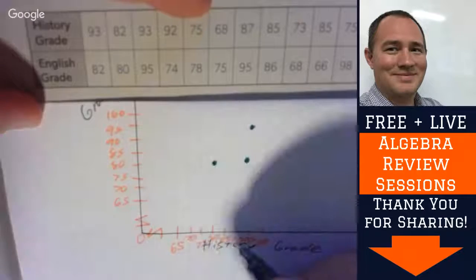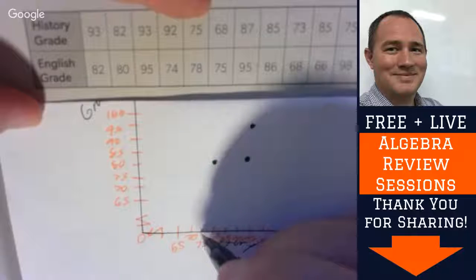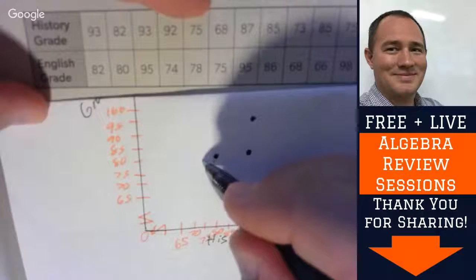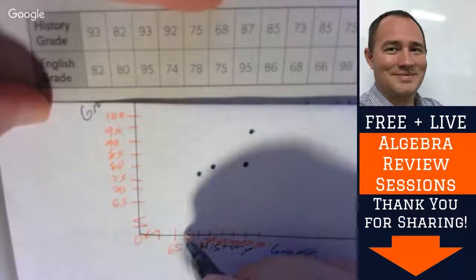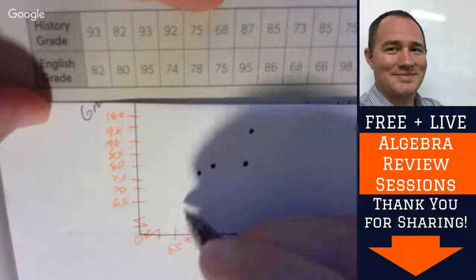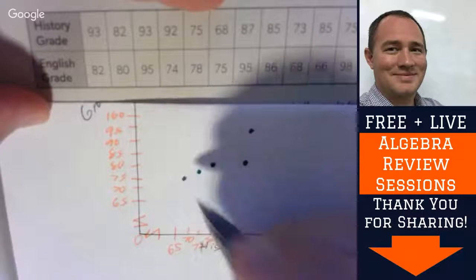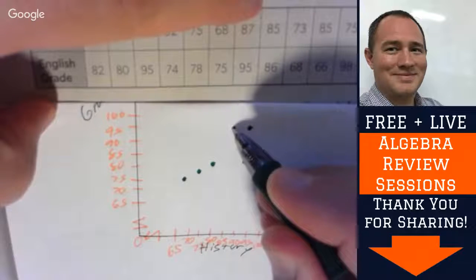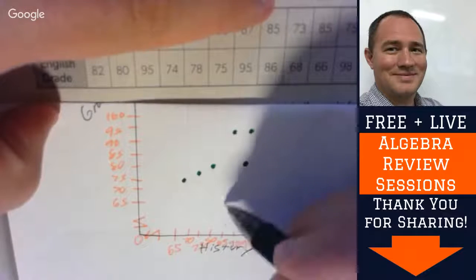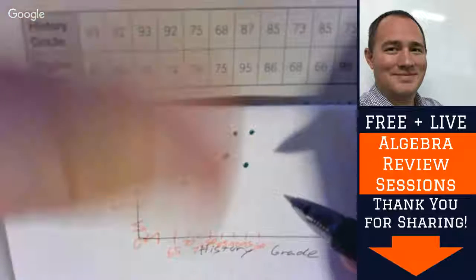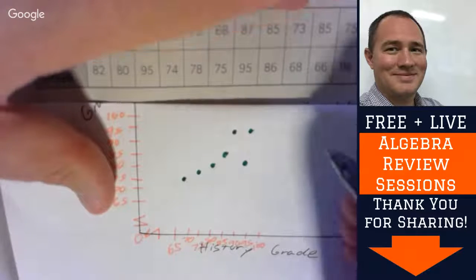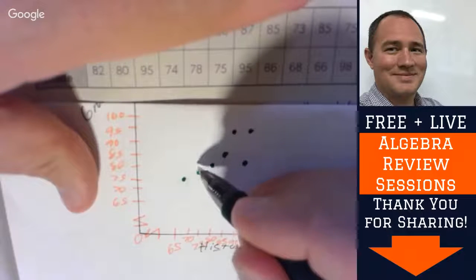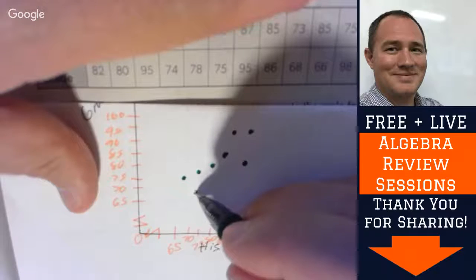Over to 75 and up to 78. Over to 68 and up to 75. 87, 95, 85, 86, 73, 68, right about there.